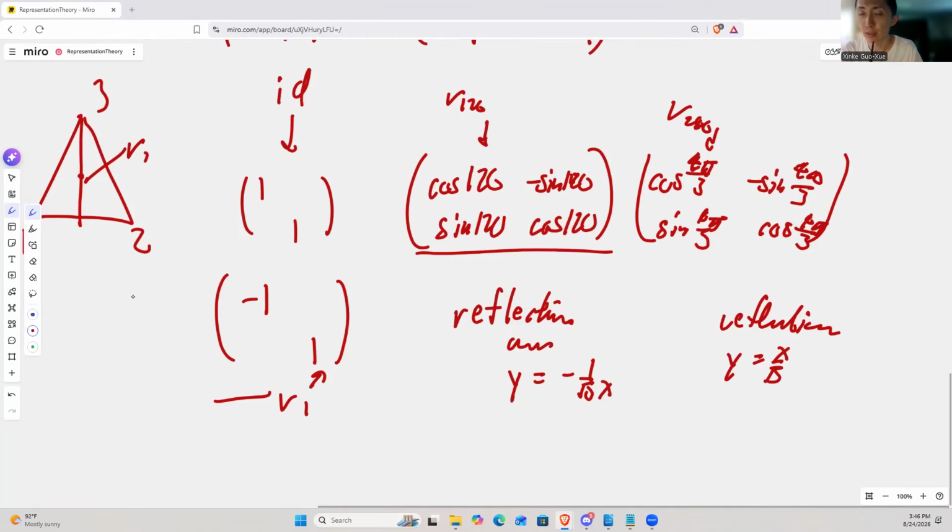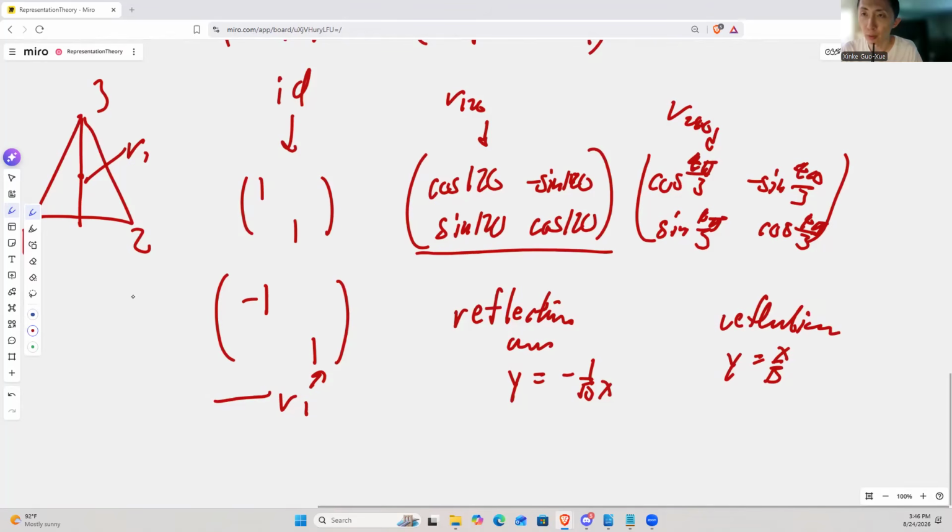So yeah, representation theory lets us view elements of a group as elements in a matrix group.